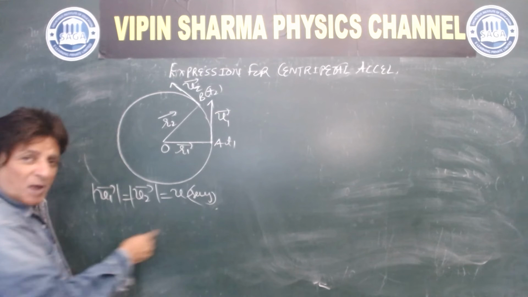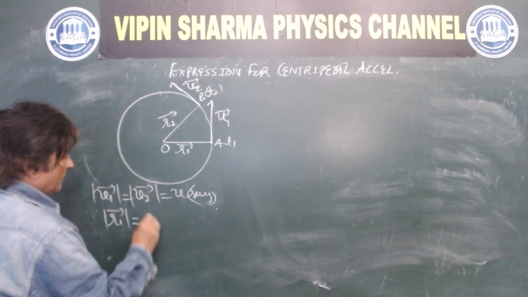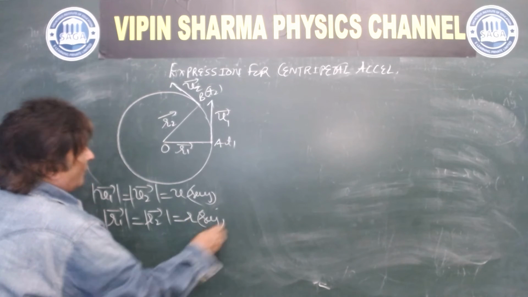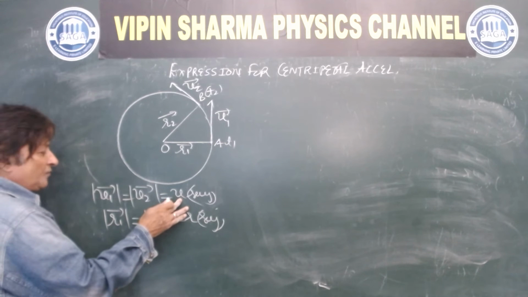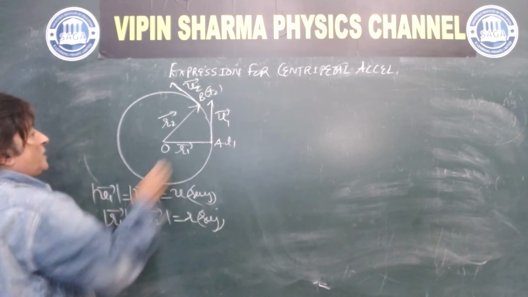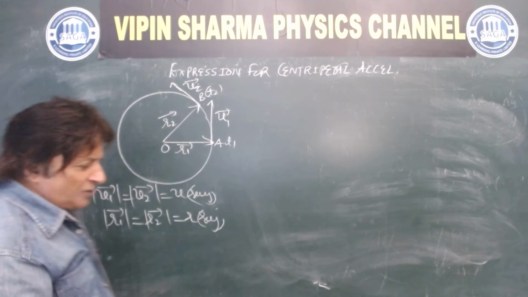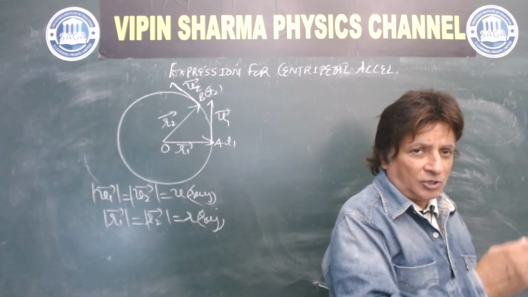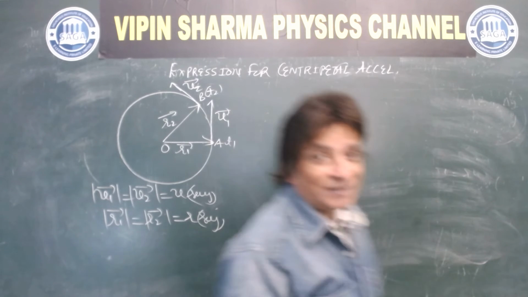Suppose r1 is equal to r2 is equal to r. Now you will ask, sir, what is r? That is the radius. What is v? That is the speed. What is r2? That is the position vector of OB. What is r1? That is the position vector of OA. So v1, v2 at t1 and t2. Hope it is clear. Any question? There should not be any question. So simple it is, right?